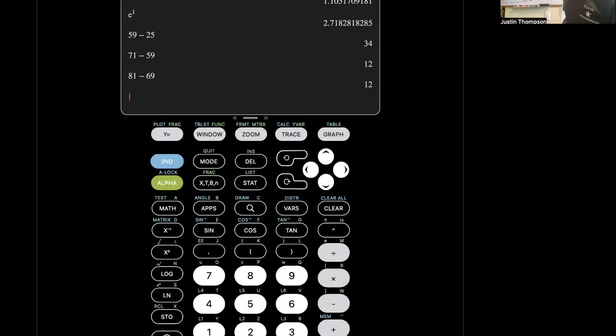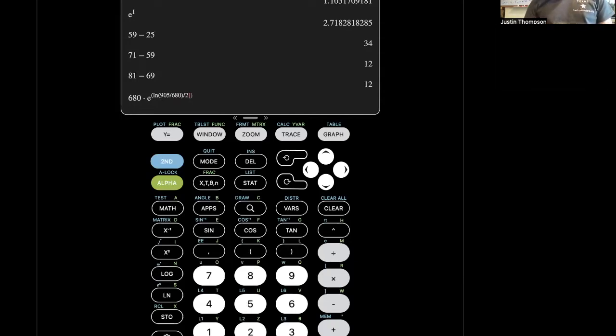The function says I take 680 and multiply it by e raised to, so I'm going to use parentheses to keep myself sane here: natural log of 905 over 680, and then divide that by 20.